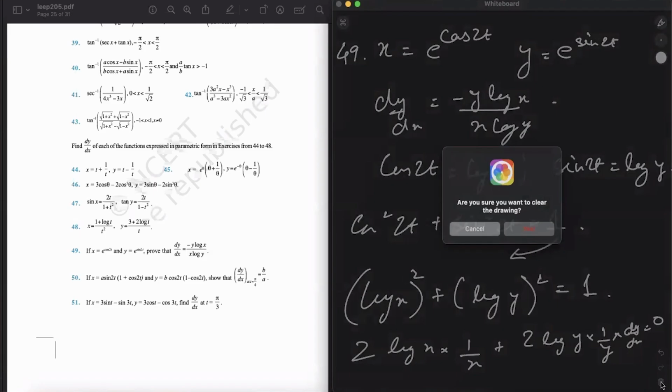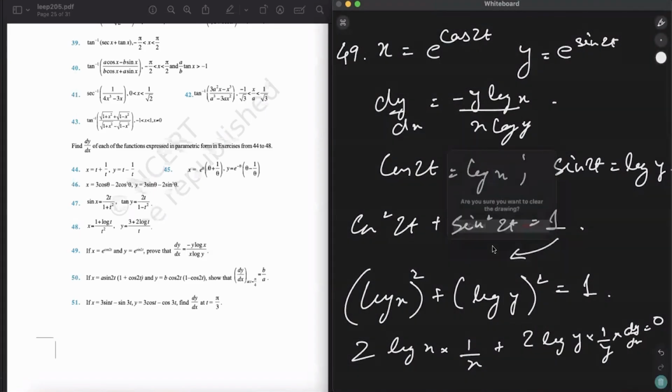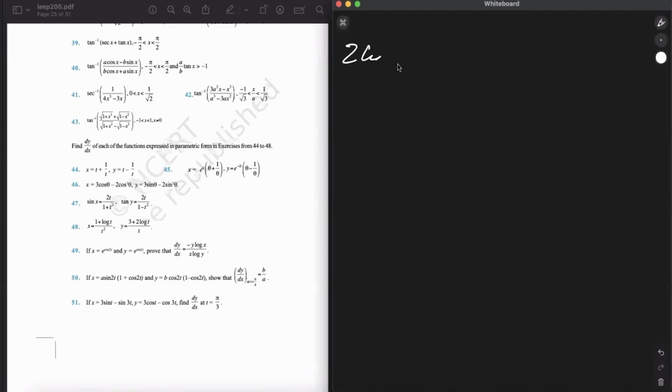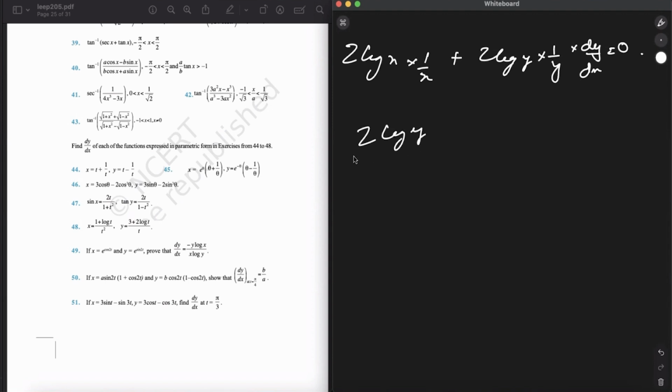So 2 log y upon y times dy by dx is equal to minus 2 log x whole divided by x.